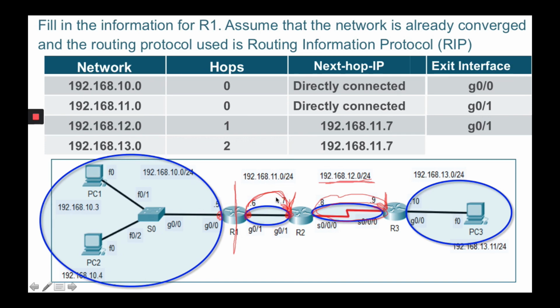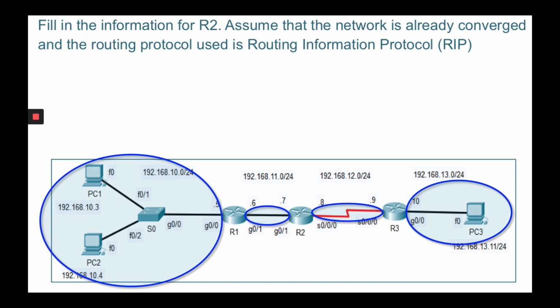The exit interface is how router 1 goes out: router 1 has to go out through interface G0/1 to reach 192.168.13.0.